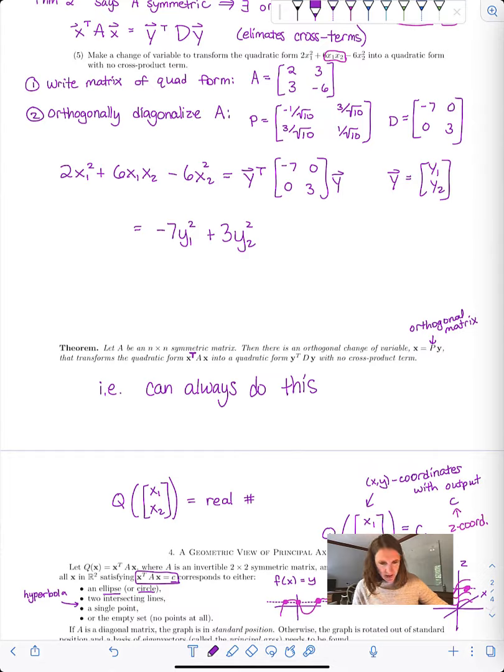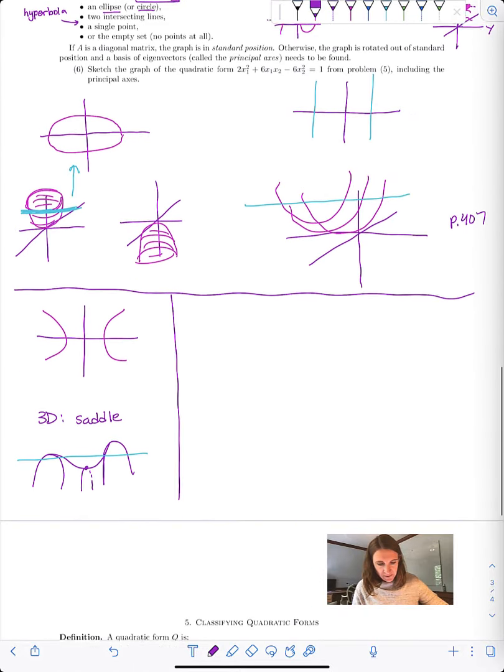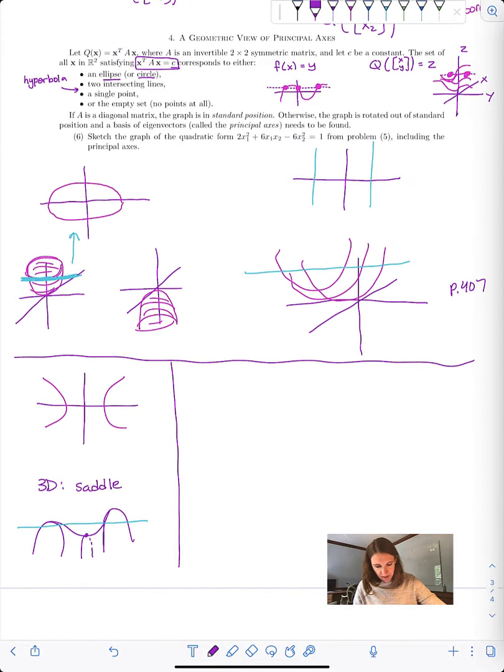If we already had a diagonal matrix, so no cross term, then the graph would be considered in standard position. But otherwise, we need eigenvectors, which are going to be our principal axes.